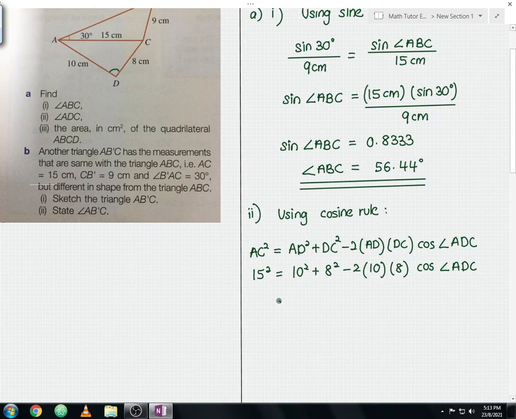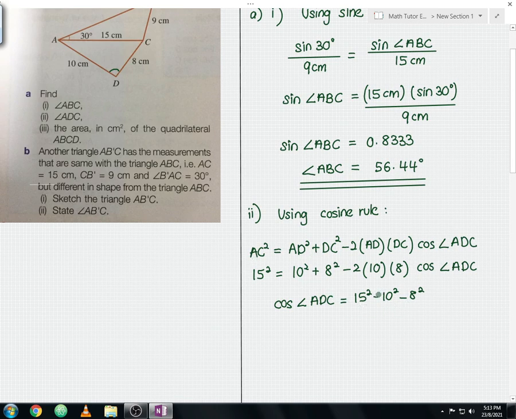So from here, cos angle ADC will be equal to 15 squared minus 10 squared minus 8 squared. So this 10 squared and 8 squared on the right hand side, you move to the left hand side. That's how you get the minus over here.